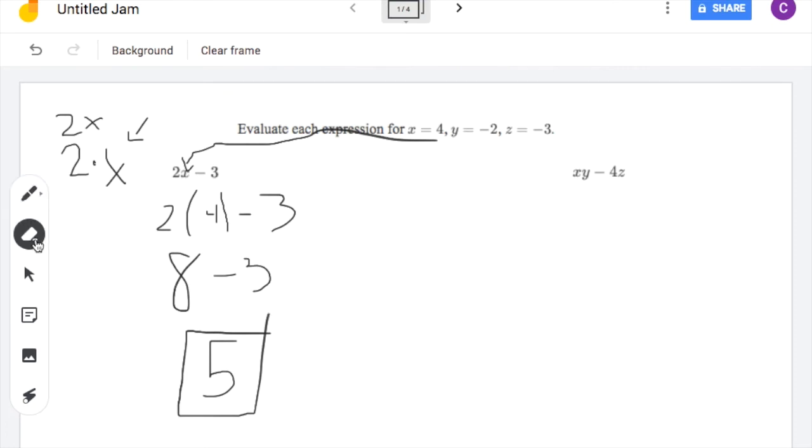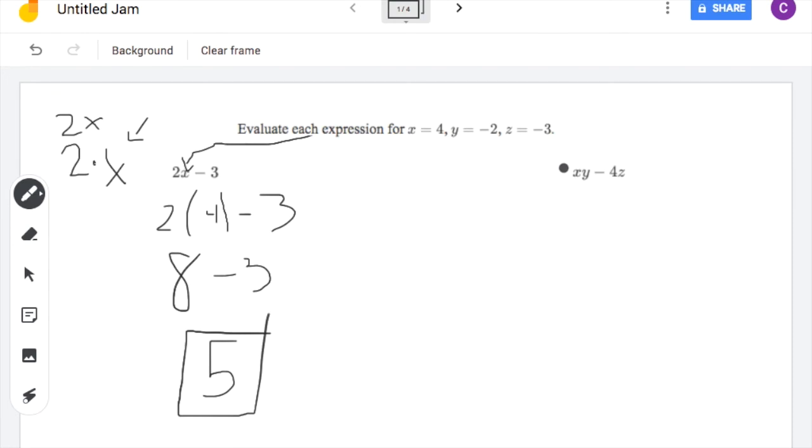And then you basically do the same thing with the next problem. They told you that x was equal to 4, y is equal to -2, and z is equal to -3. So basically what you're doing is you're plugging them in.